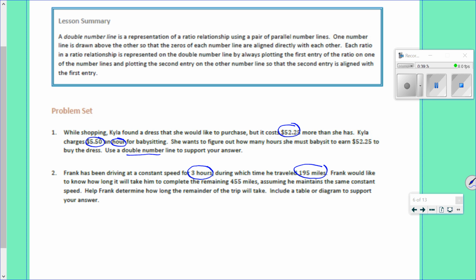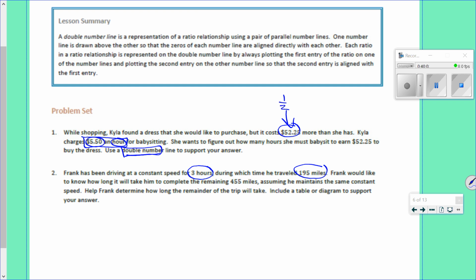So an hour, here is the ratio that they gave you to build your double number line. And it does say double number line right here in your directions. So please make sure you've used one. On your top interval for the dollars, you need to make sure you get past $52.25. I will give you a hint. This is going to be halfway across the interval. So it should make your answer on that one really easy once you've built the double number line.